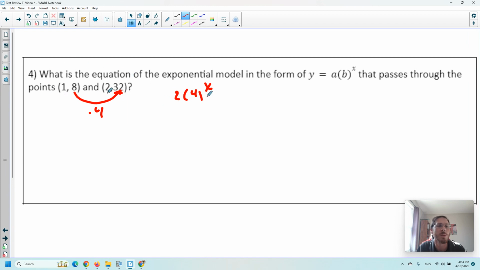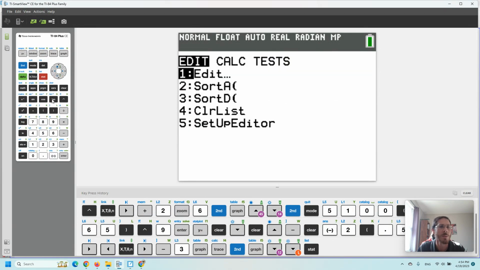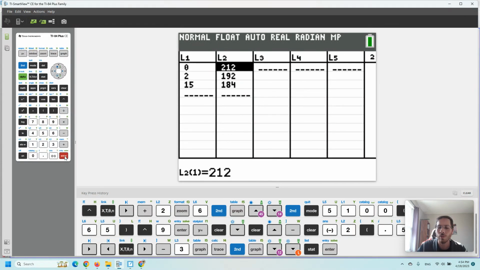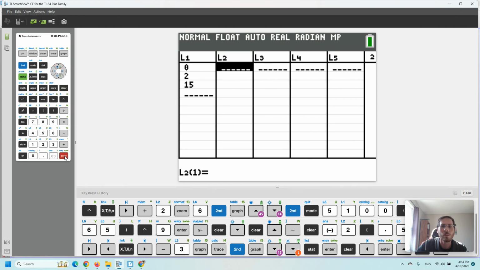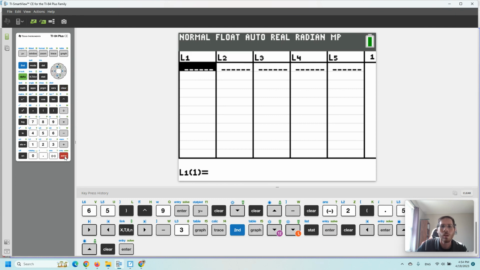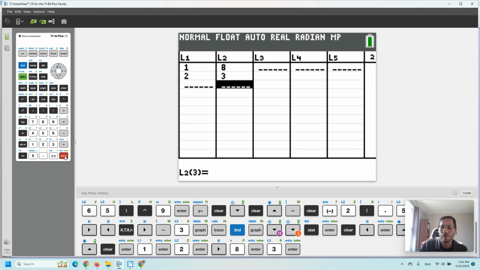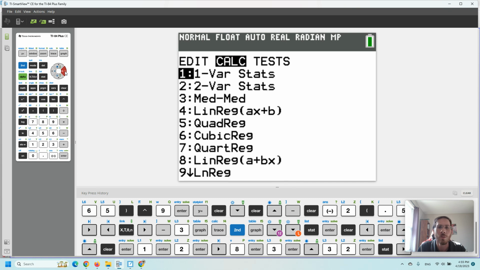What we want to do is put these 2 points into the stat menu. So we're going to do stat, press enter to put in our data points. Our data points are 1 and 2, and we've got 8 and 32. And we can go stat over, and we want to pick the exponential regression.